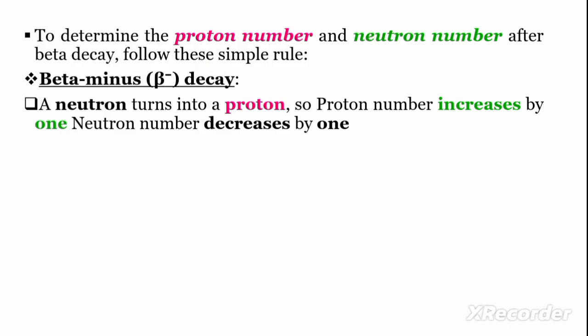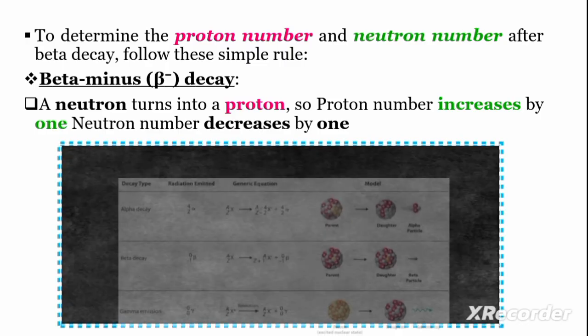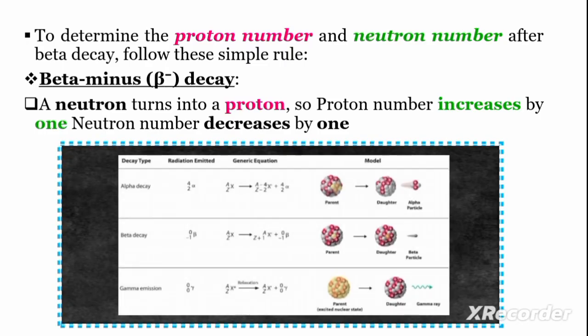In a negative beta decay, a neutron in the nucleus is converted into a proton, therefore the number of protons in the nucleus increases by 1, and the number of neutrons decreases by 1. This is one of the rules that we need to consider.